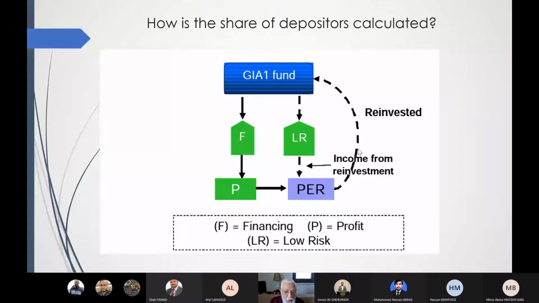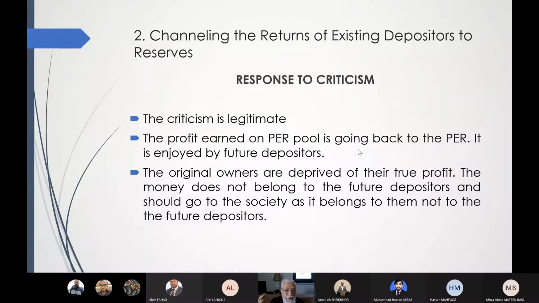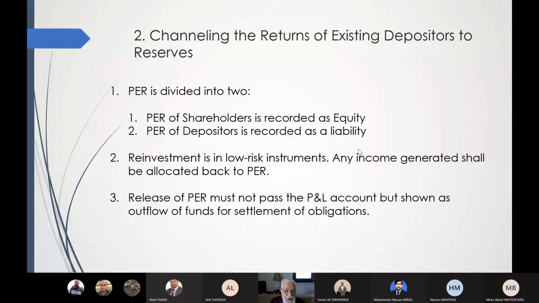Practically, implicitly, the profit of this reserve is distributed to current depositors and current shareholders. And the Jordan Islamic Bank is a listed bank in the Jordan market.